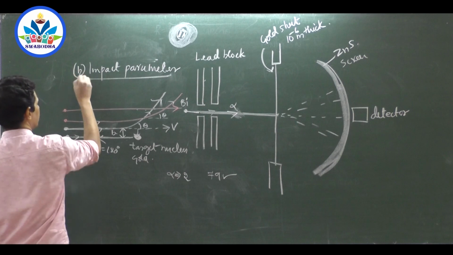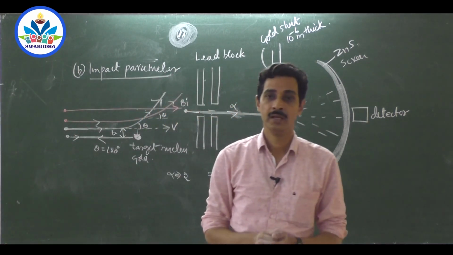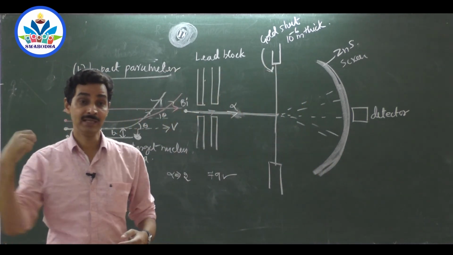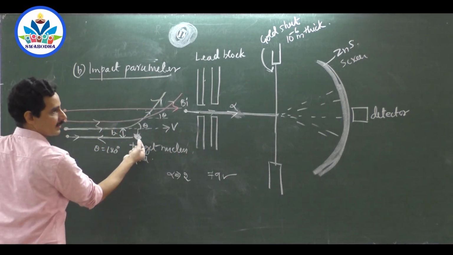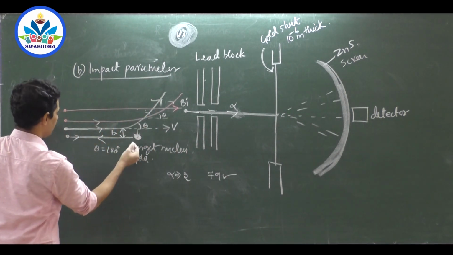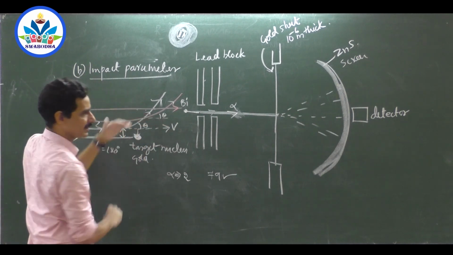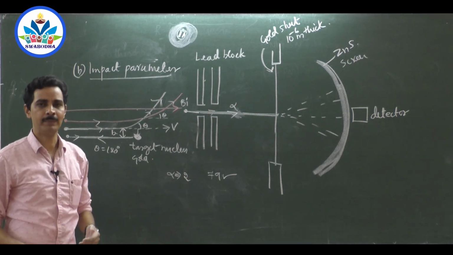Impact parameter b is the perpendicular distance between the initial velocity vector and the target nucleus. Not this distance, not the distance from here to here. The initial velocity vector is directed like this; its perpendicular distance to the target nucleus or target atom is called the impact parameter.